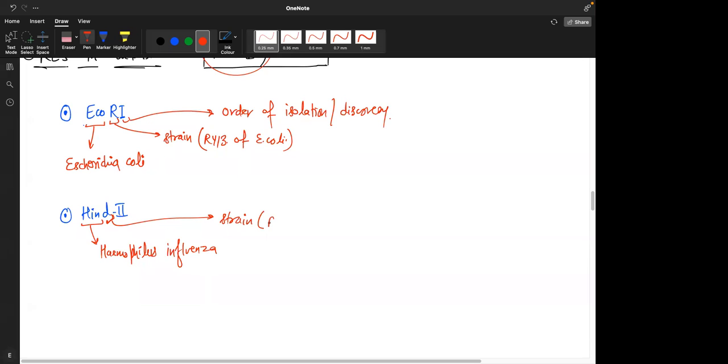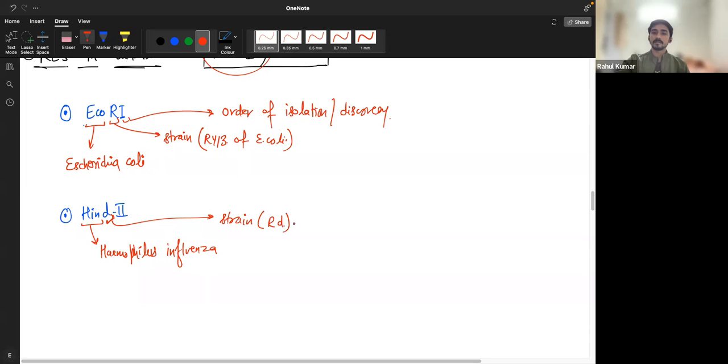So D is from here. RD strain. And then you know what 2 means? It is the second enzyme to be isolated from the same strain of the same bacteria.